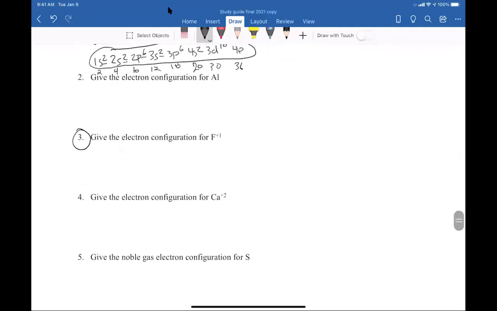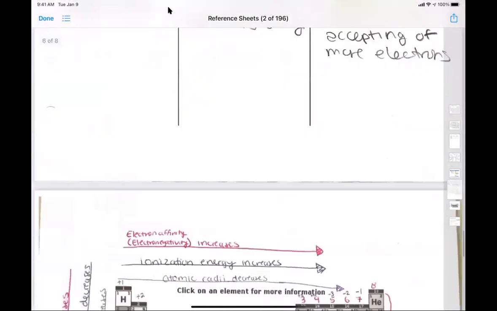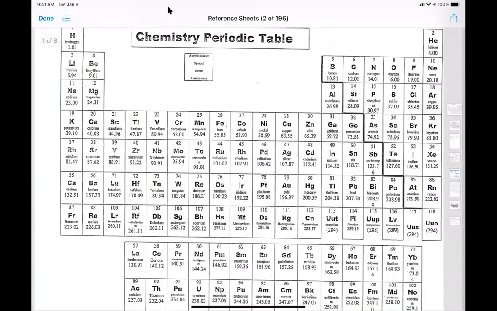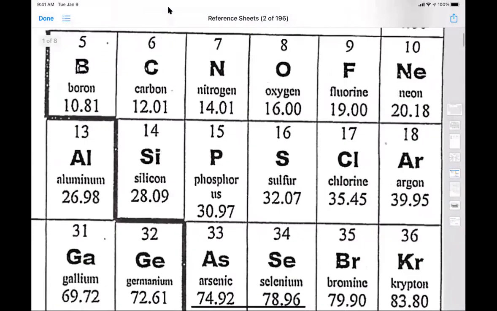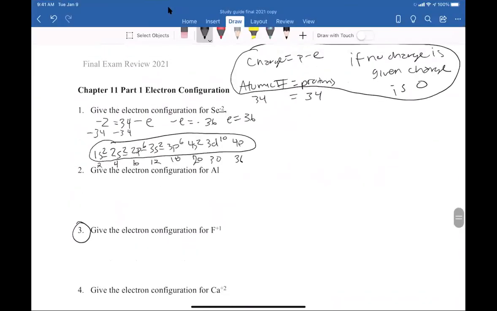So let's look at number 3 real quick. F plus 1. Again, remember we have to look for the atomic number of F. F is number 9. If its atomic number is 9, that's how many protons it has. The charge is given right there. It's +1. Charge is 9 minus electrons.